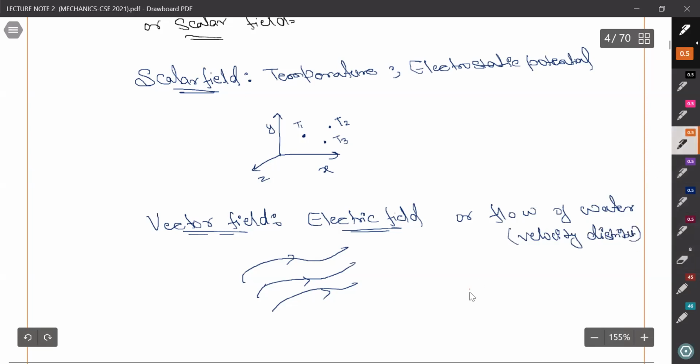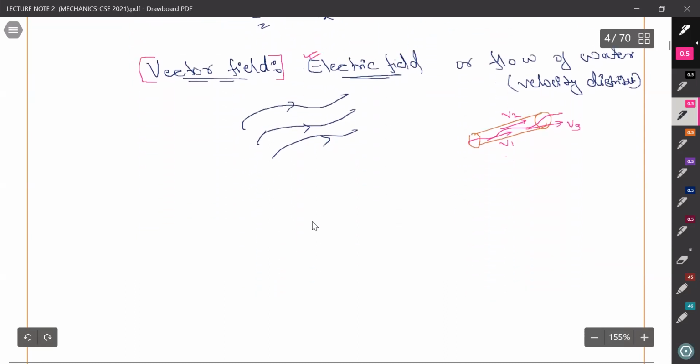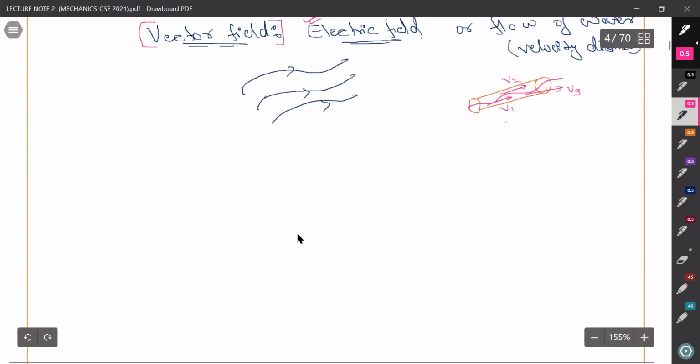Suppose this is a pipe and fluid is flowing like this. If you write this as V1, V2, V3, the velocity distribution represents a vector field, because velocity is a vector quantity and electric field is a vector quantity. Whereas if we define temperature or electrostatic potential, then we are defining a scalar field.